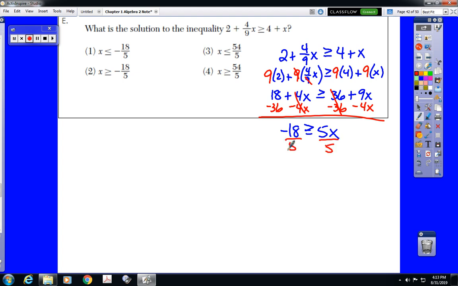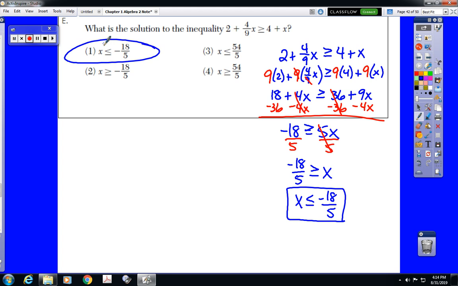Divide by 5. And we end up with negative 18 fifths is greater than or equal to x, or x is less than or equal to negative 18 fifths would be the correct way to write that with the variable on the left. So that would be answer 1. That does it for Chapter 1, Section 5.